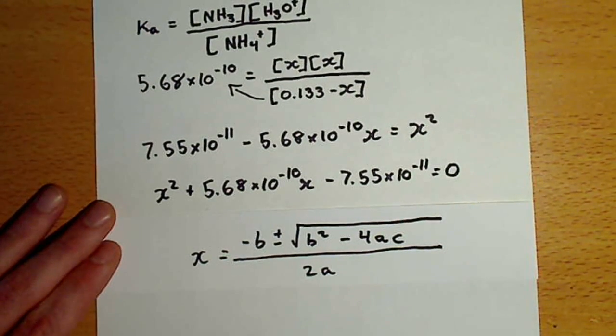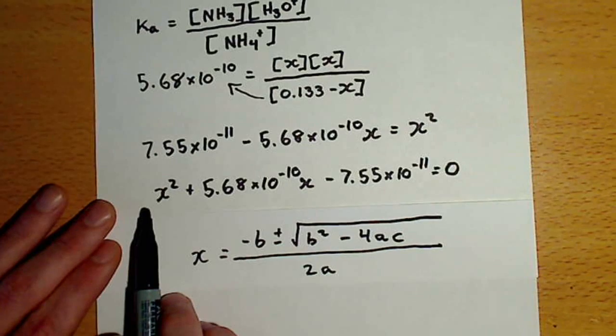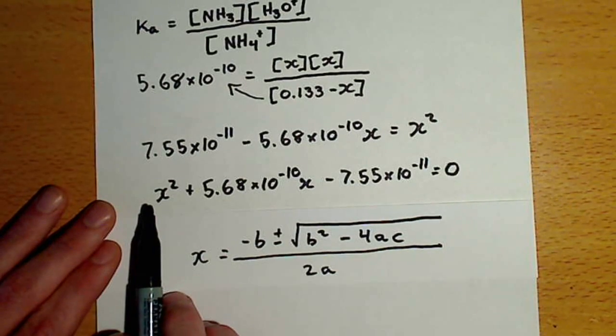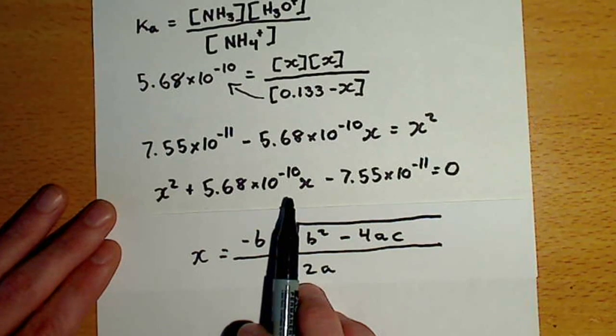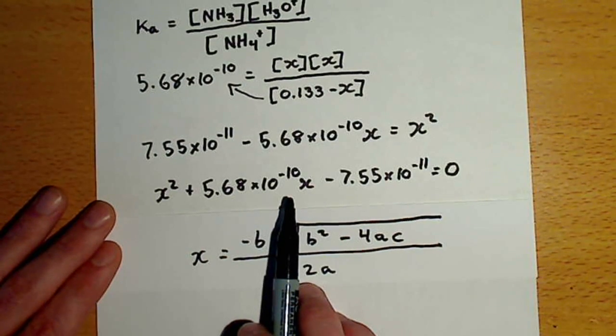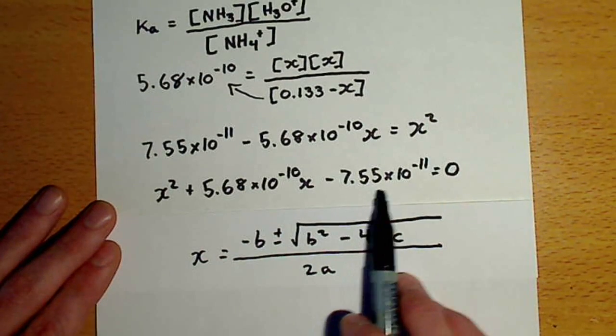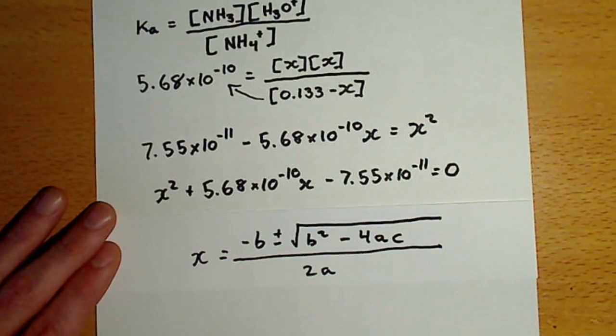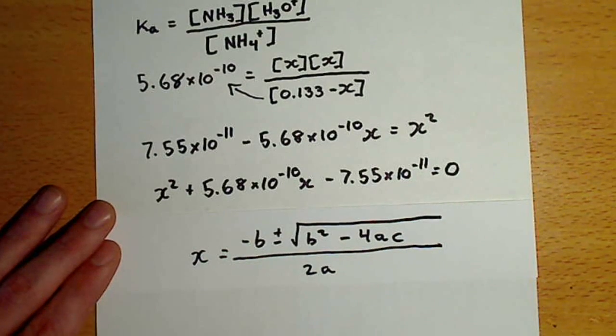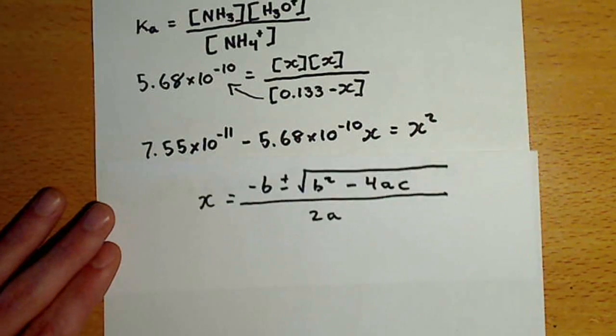In the quadratic equation, a is the number coming before x squared, which in this case is 1. B is our b value, 5.68 times 10 to the negative 10. And c is negative 7.55 times 10 to the negative 11. So let's substitute those values into our quadratic equation.